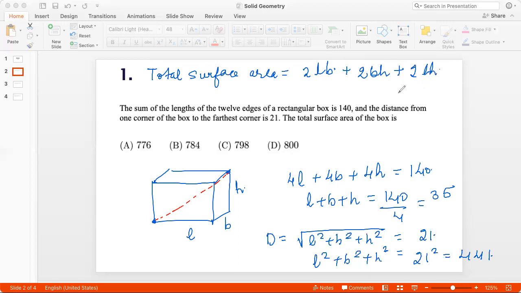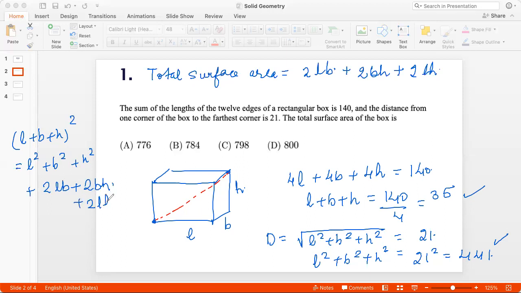Now, how can I find this area when I have the sum of L, B, and H here, and I have the sum of the squares here? So for this, we'll use a formula. The formula is L plus B plus H the whole squared, which will be L squared plus B squared plus H squared plus 2LB plus 2BH plus 2LH, right?